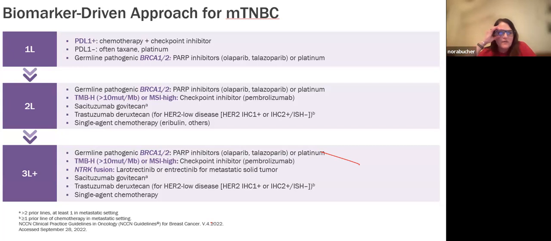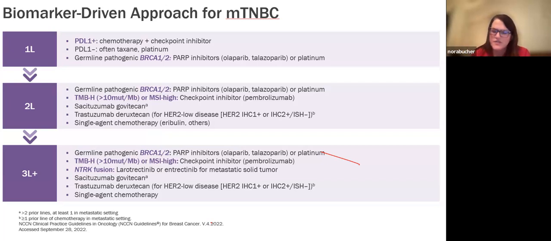And then going down to the third line, again utilizing the genomics of the tumor, we can offer PARP inhibitors or immunotherapy, or the NTRK inhibitor, again Trodelvy or TDXD or other chemotherapy. And there may be another antibody drug conjugate coming into play. I'm not sure if this year, but it's being studied pretty closely.